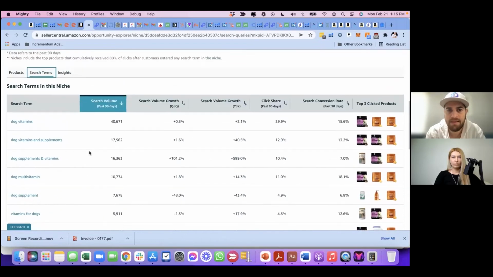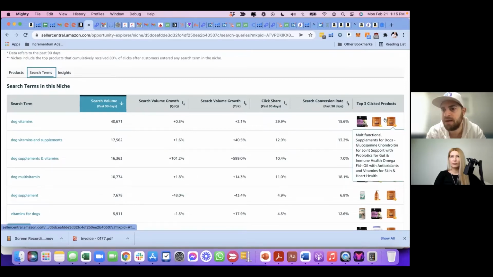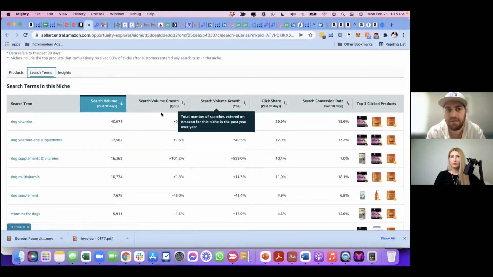And again, I'm seeing search volume growth quarter over quarter, click share for each search term, and the conversion rate that search term has, as well as the top 3 click products. And this data is from brand analytics directly.